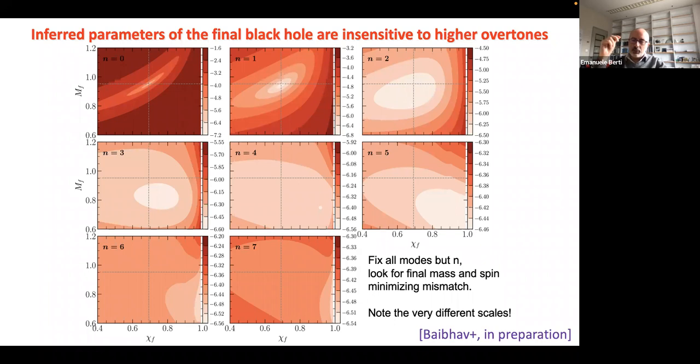That will modify the spectrum in a way that is computable, and we computed it, assuming that all of these 1 over R power series corrections are small in some sense that can be quantified. When you introduce these perturbations, which you can think of as a generic parameterization of beyond-GR effects, for example matter or anything else, then you can relate them to modifications of the quasi-normal mode spectrum.